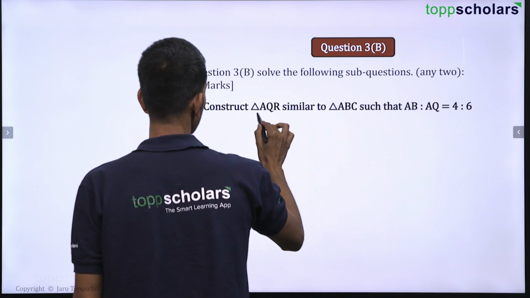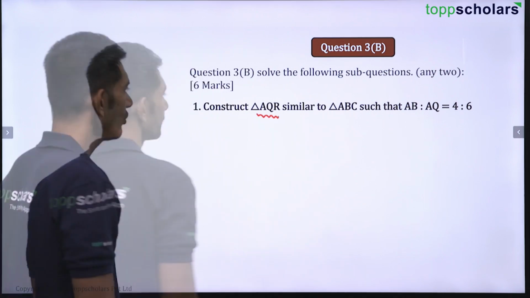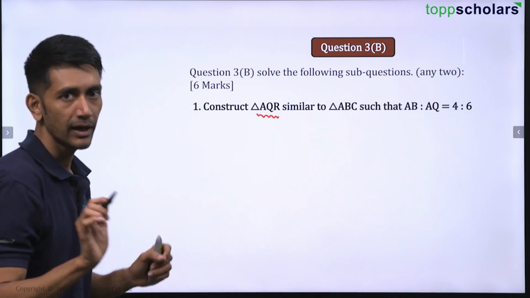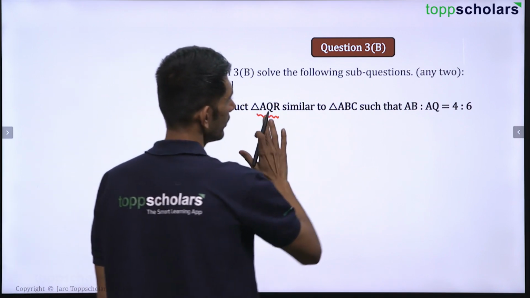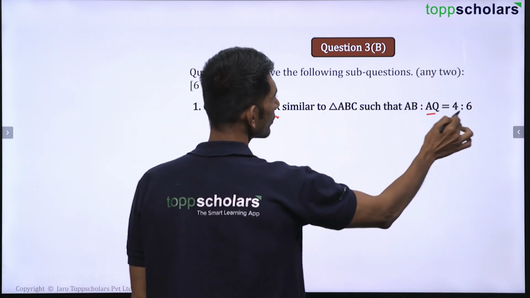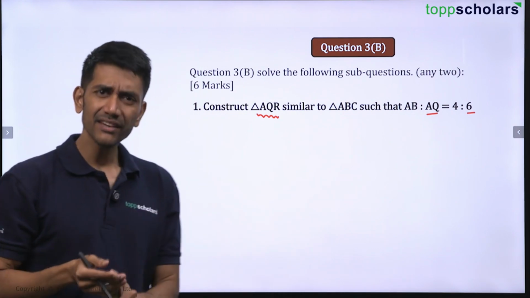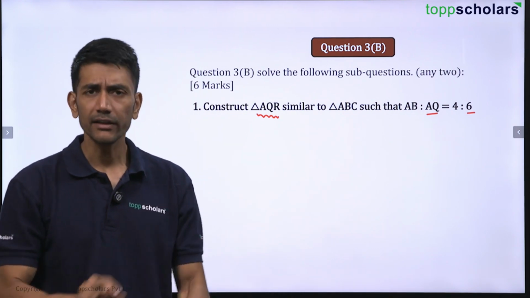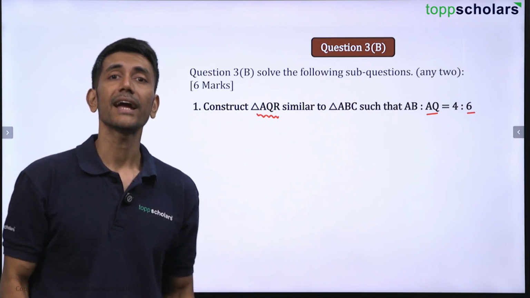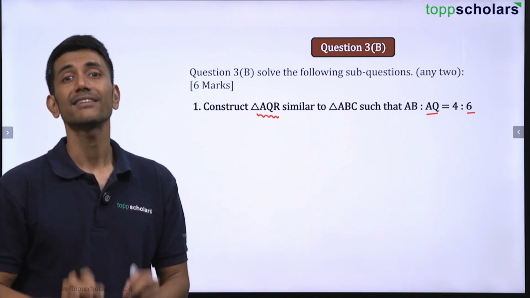So here let us focus on constructing AQR. So as of now, understand very carefully. So AQR, AQ is 6 parts, right? Here, is anything given? Nothing is given. So you can construct a triangle of your choice. Firstly, triangle AQR.